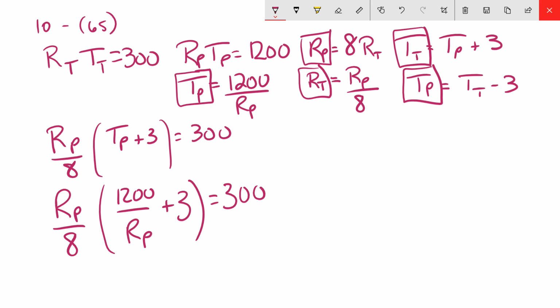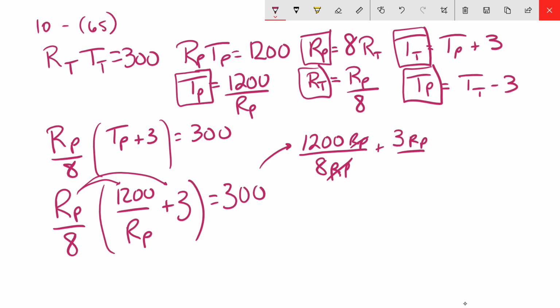All right. Now remember that I'm going to multiply and I'm going to FOIL that through. So then I'm going to come from there and get 1200 RP over 8 RP, and those RPs are going to cancel out, plus 3 RP over 8 equals 300.